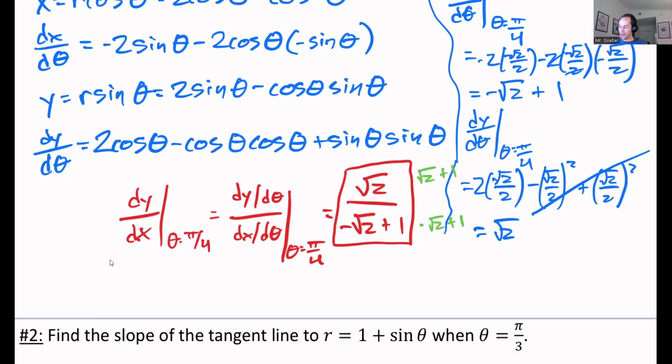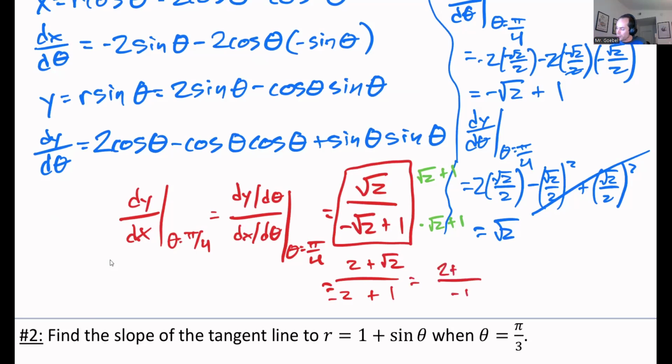If you multiply top and bottom by that, up on top you'll have 2 plus √2. On the bottom, think of that as a difference of squares. You're going to have -2 plus 1, because it's negative √2 times positive √2. So on the bottom, that's just a -1.